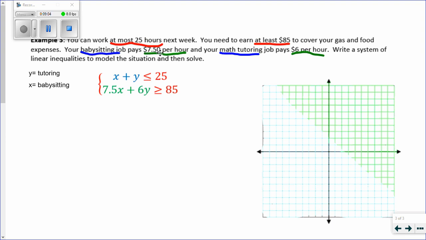Then the $7.50 per hour, so x is your babysitting hours, so $7.50 per hour for babysitting, plus the $6 you make per hour for the tutoring, needs to be at least, which means greater than or equal to, the $85. Those are your two inequalities. Okay?